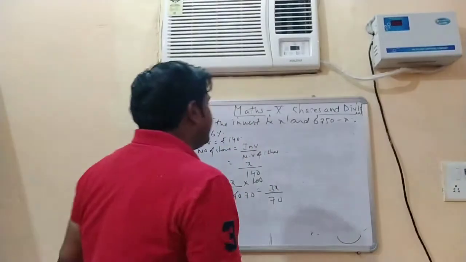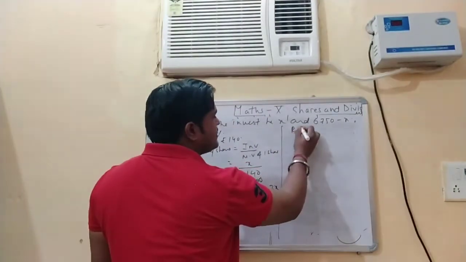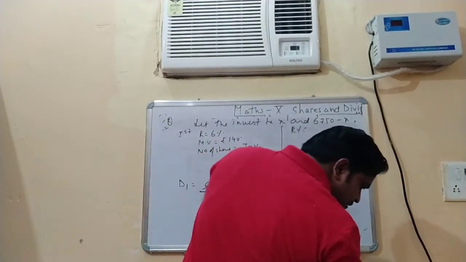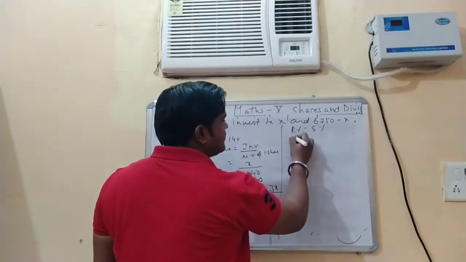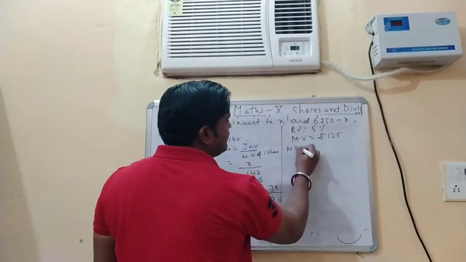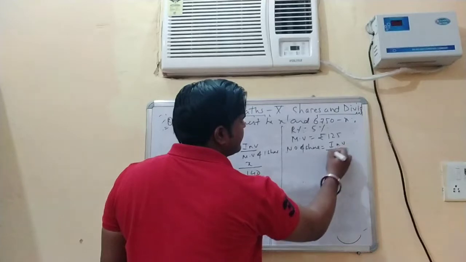Now for the second part, the investment is 6750 minus x and the rate is 5%, and the market value is 125. So the number of shares will be equal to investment upon market value.